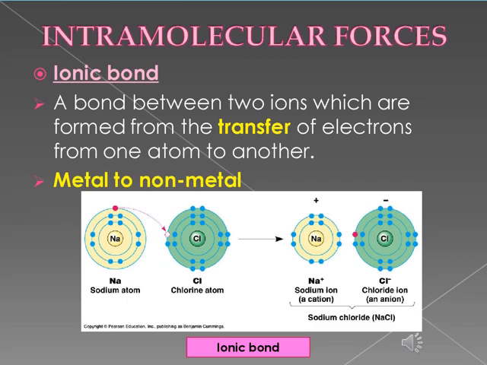The sodium atom, which is the metal atom, will transfer one of its electrons to the chlorine atom, which is non-metal. When the sodium atom transfers its electron, it will become sodium ion, which is a cation or positive charge. And the chlorine atom, which accepts one electron, will become chloride ion, which is an anion or negative charge ion.